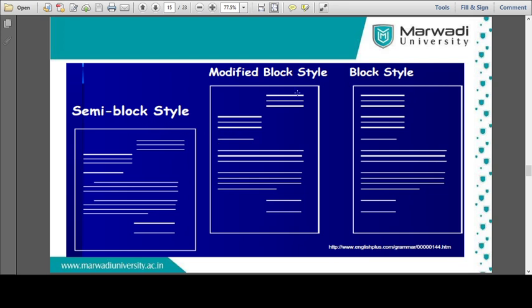Now you come to know how the address line and complementary clause differ from each other. Because a suitable and correct layout enhances the overall effectiveness of any letter, and the layout helps to arrange all the elements of a business letter in an organized manner. So these are the major layouts commonly used.